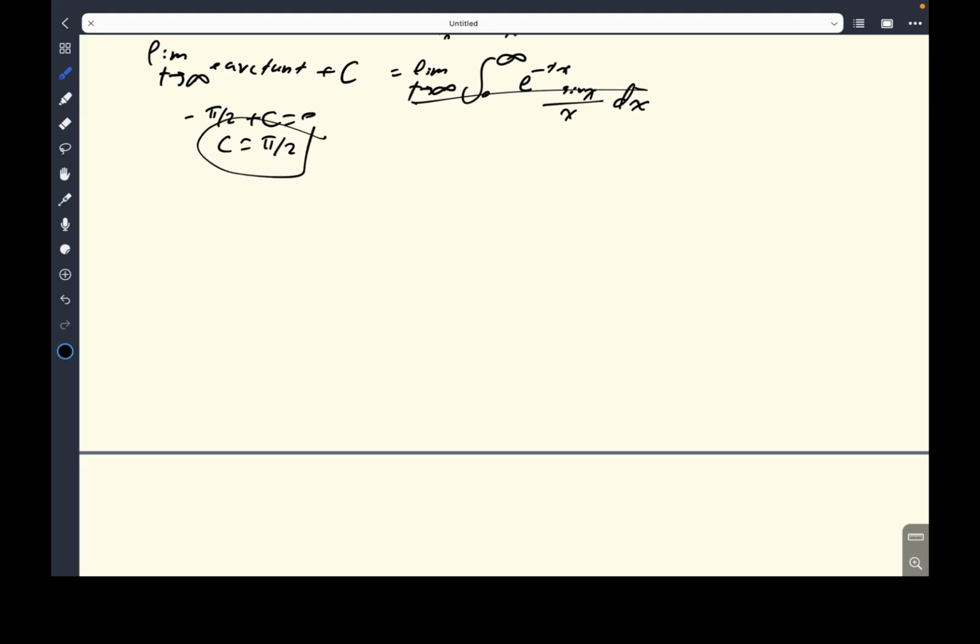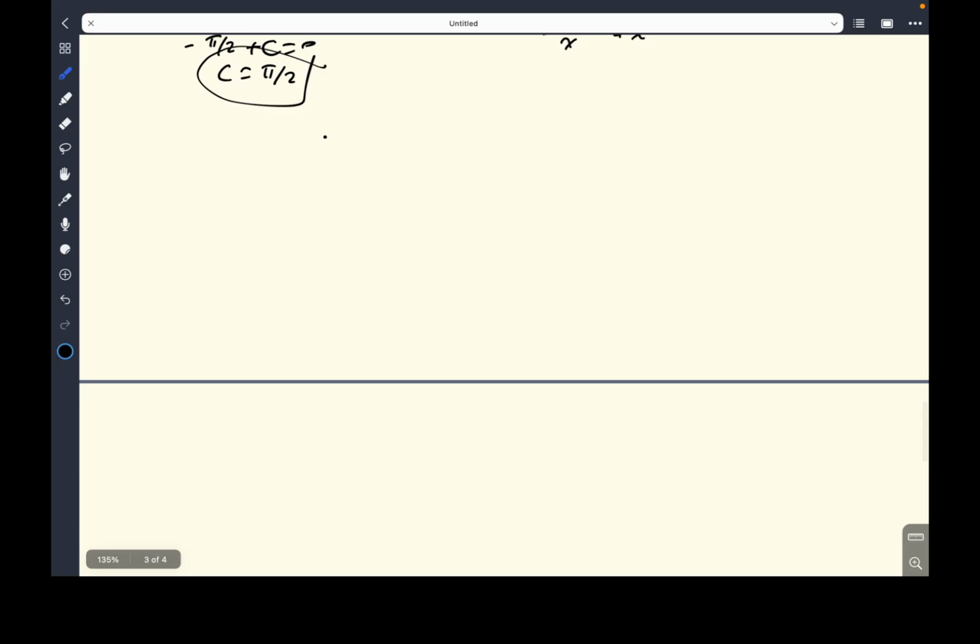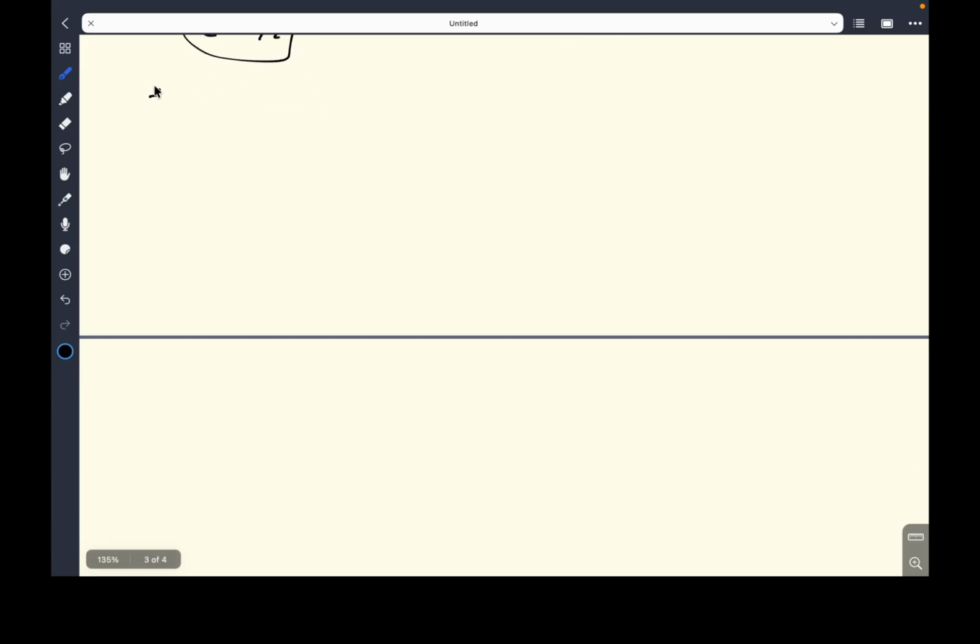My constant of integration is pi over 2. So hold on, we were almost there. So my f of t is negative arctan of t plus pi over 2, which is equal to the integral from 0 to infinity of e to the negative tx sine x over x dx.